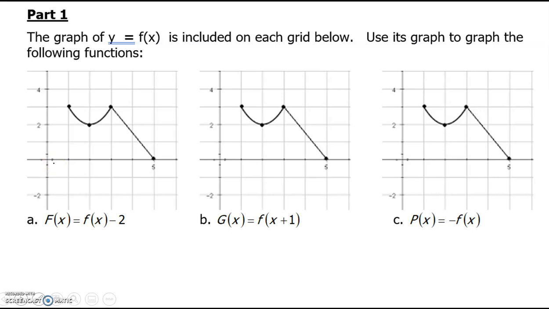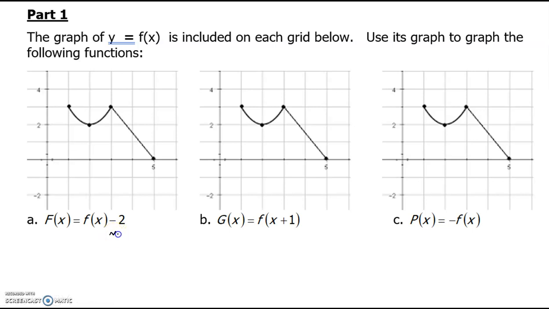I'm going to call it f of x, and we want to talk about what happens with each of these transformations and what that transformation is going to end up looking like. I'm going to do these first three with you. I do recommend every time I change the slide to kind of pause it, try it yourself and then unpause it to check your answer. Let's go ahead and talk about these.